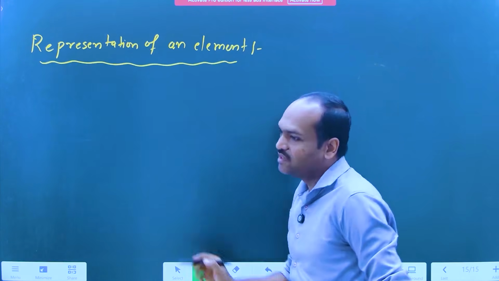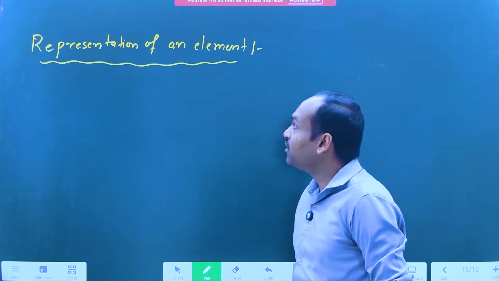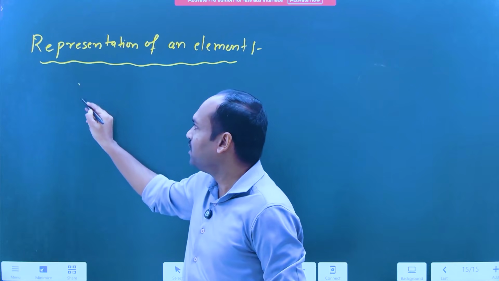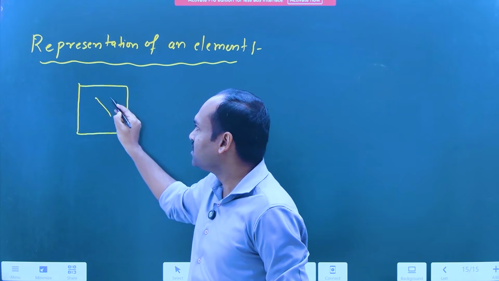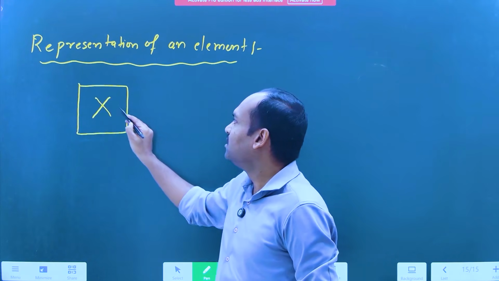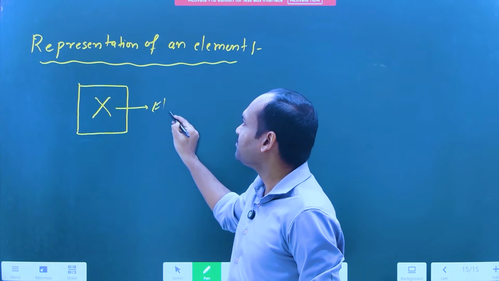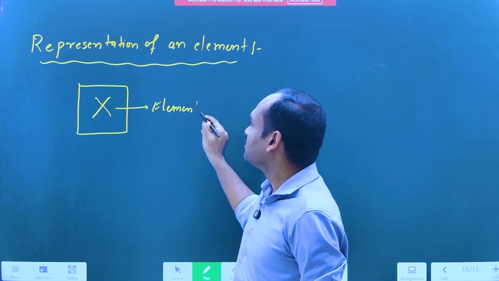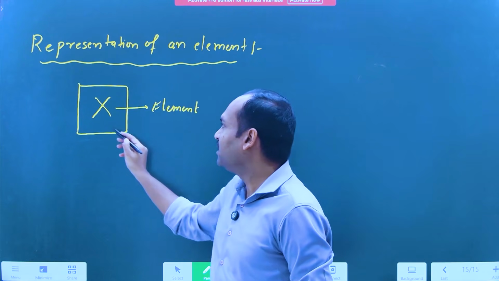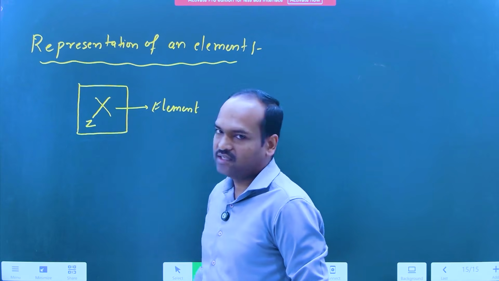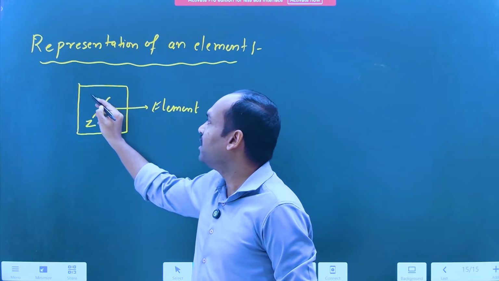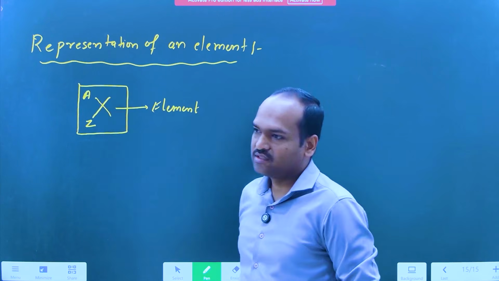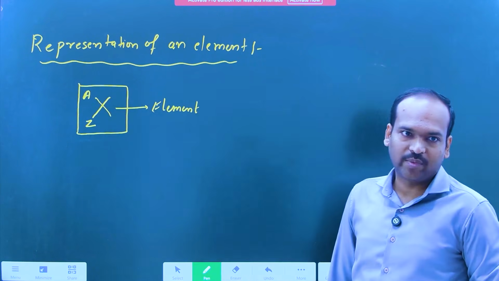In a periodic table, if any element is present, suppose this element is X, then we will write Z at the bottom and A at the top: the mass number and atomic number.